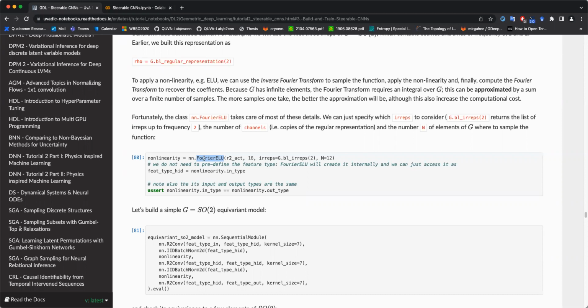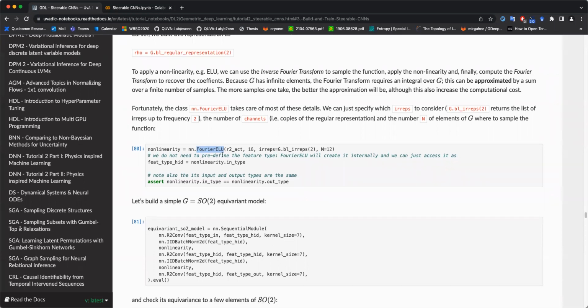The trick here is that if we make sure that the input is band-limited and the number of samples is sufficiently large, we can guarantee that this approximation is still equivariant and the error introduced is not too large.